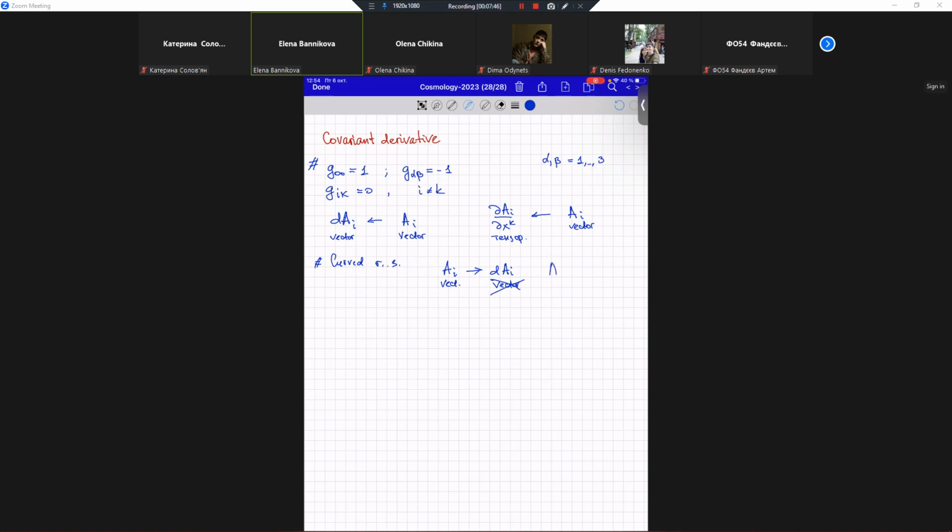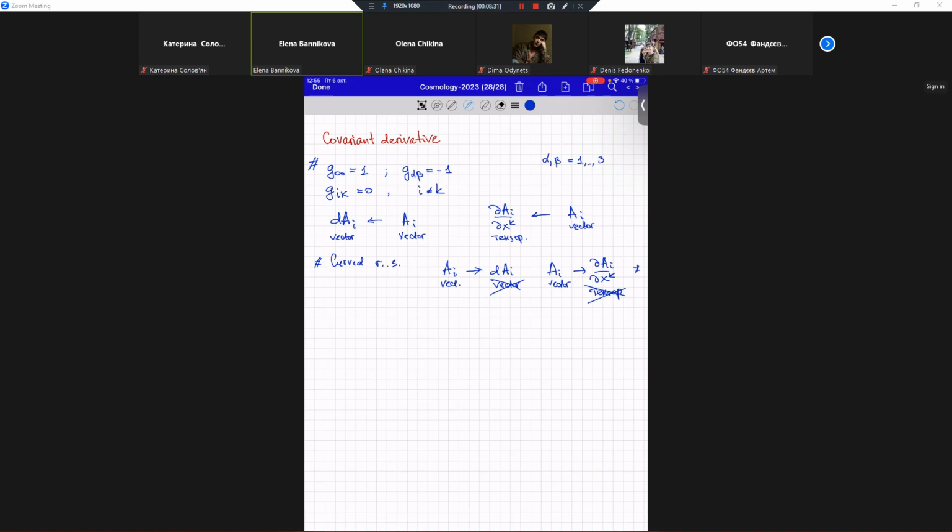And the same if we find dA_i by dx_k, it will not be a tensor. It means that in a curved coordinate system, if we take the vector and make this operation, it will not transform as a tensor. The transformation formula does not correspond to the transformation of tensors.